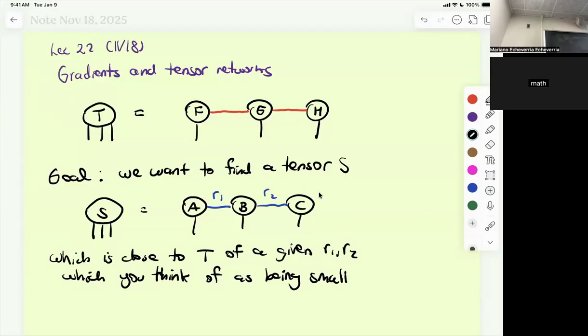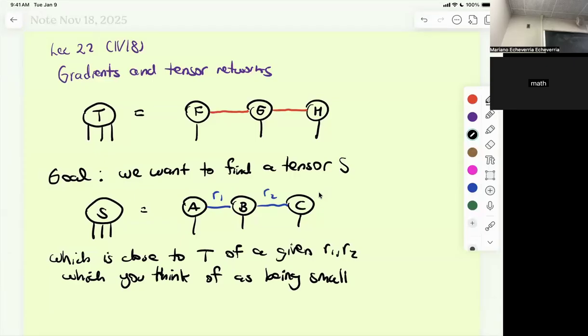So what I'm saying is maybe those ranks were too large for your case. So you want to find a different tensor that is close to this one, but where these legs would be of a given size, you see?